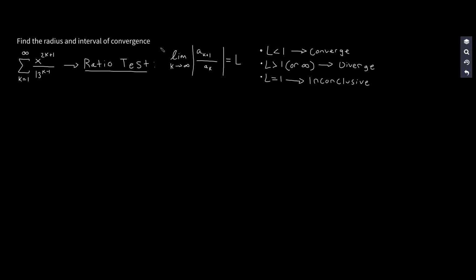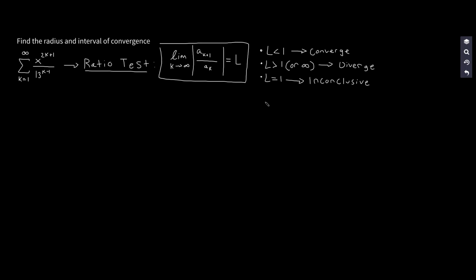Now, the ratio test says that we're going to take the limit as k approaches infinity of the absolute value of a sub k plus 1 over a sub k, and that's going to equal L, our limit.